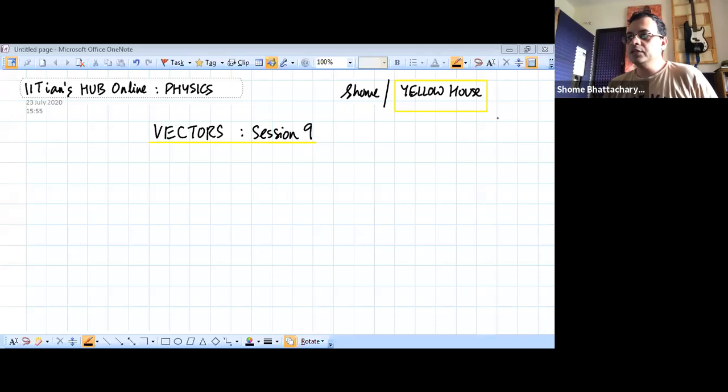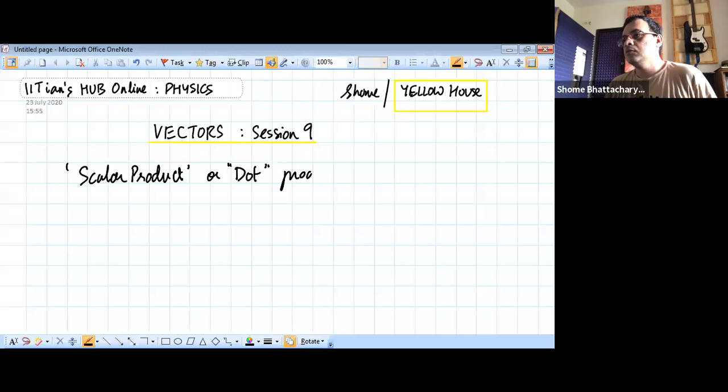Now let's begin today with the new operation in vectors, or the new part of vector algebra, which is called scalar product, or alternatively the dot product, in vector algebra.